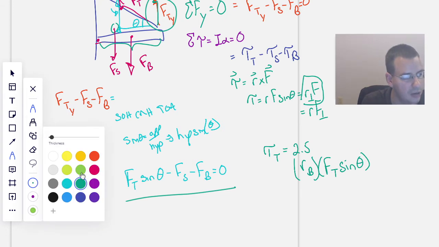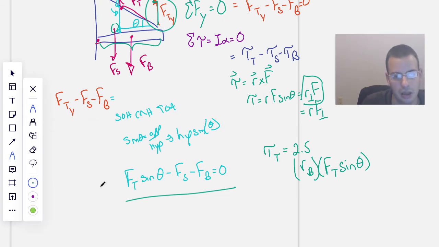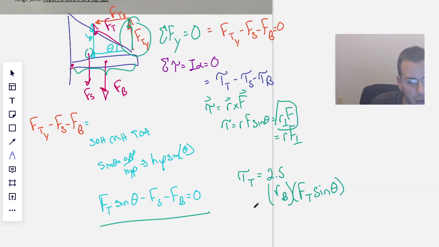Now we want to find the torque due to the squirrel. This is just going to be r times F. The force of the squirrel is down, and the moment arm is to the right. They're already perpendicular, so theta in this case is 90 degrees. Sine of 90 is 1, so I'm just going to ignore that.